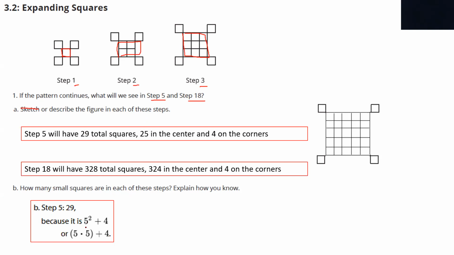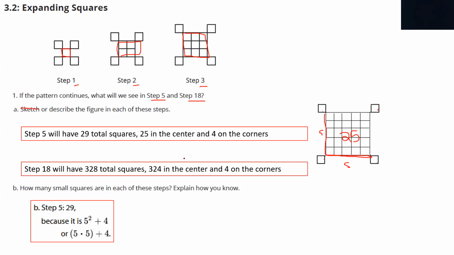And the way we broke down yesterday's lesson, we can determine that step 5 has 29 because if we figure out that there's 5 rows and 5 columns, that means that there would be a total of 25 squares in the center plus the squares that are added at the corners. And this is how we have our expression 5 squared plus 4.